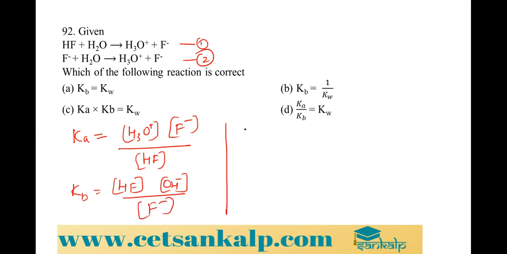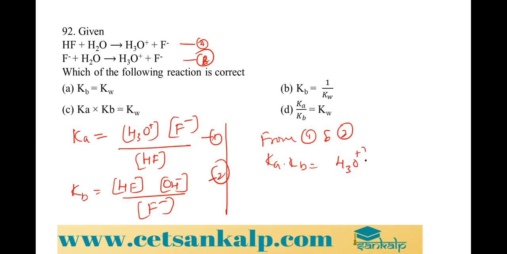Now let's take these as equation 1 and 2. From 1 and 2, what do we do? Ka into Kb is equal to H3O plus into OH minus, that is nothing but Kw.